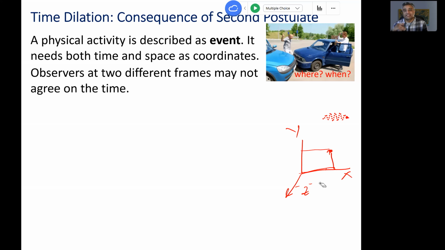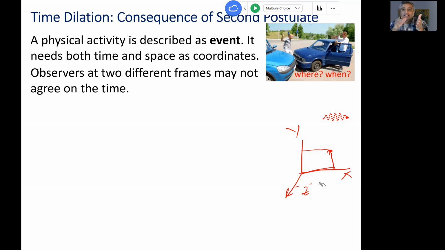When you include time in the space coordinate, what happens? That becomes the frame of reference for an event. So now you are including time. For example, you may say there was an accident on the road outside, wherever you are, okay?